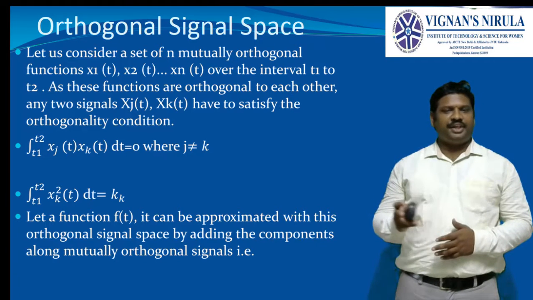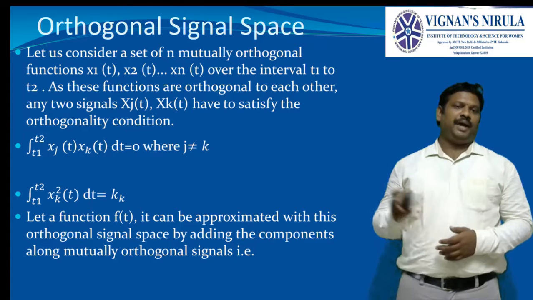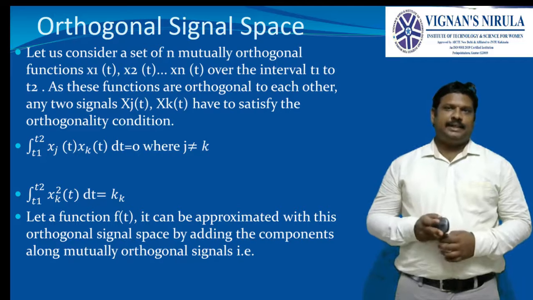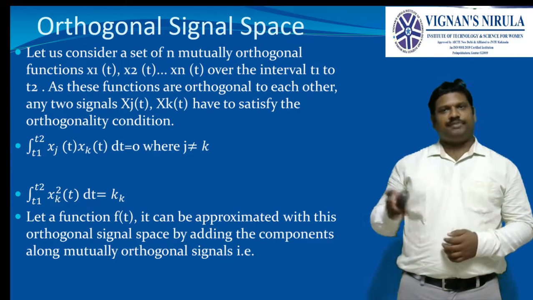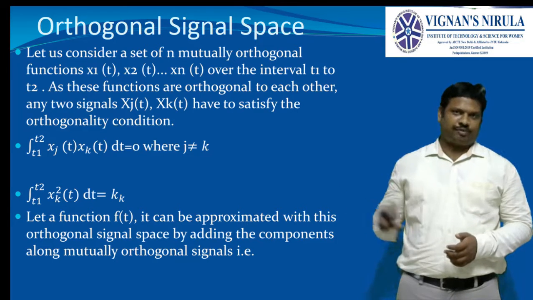Let the function f of t be approximated within this orthogonal signal space by adding the components along mutually orthogonal signals. Let f of t be approximated with n number of functions like x1 of t, x2 of t, and so on up to xn of t.